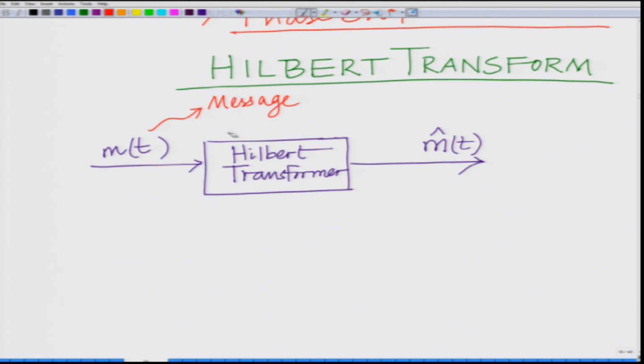This is the message signal or the original signal, passed through a Hilbert transformer which is an LTI system. We are going to see how to characterize this later. Passed through an LTI system, this is m hat of t, which is the Hilbert transform of m(t).